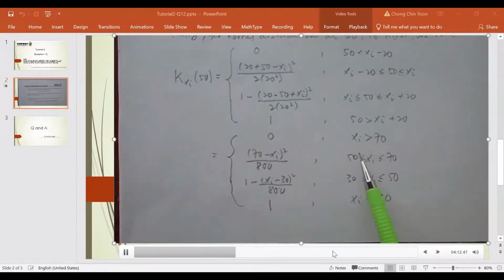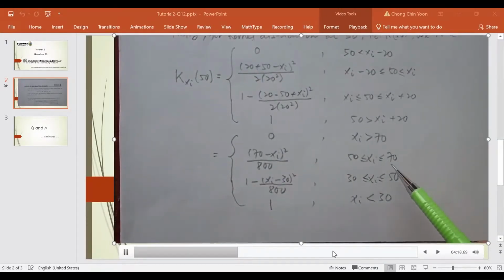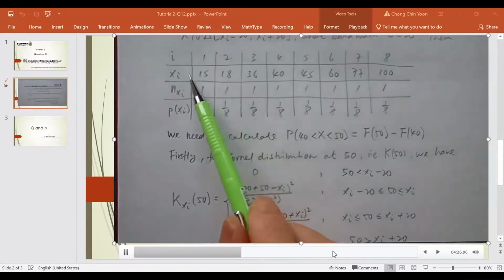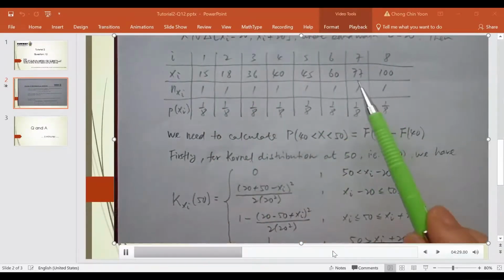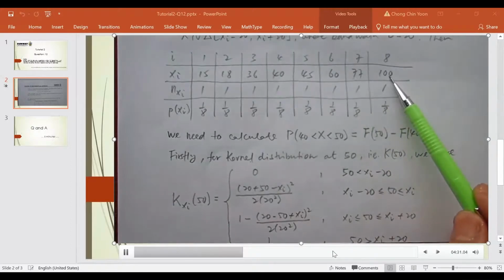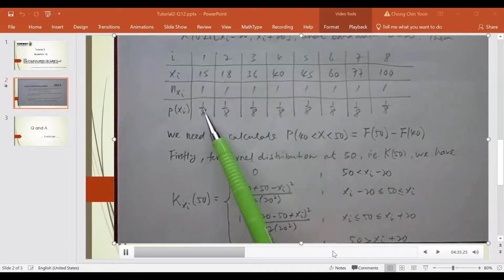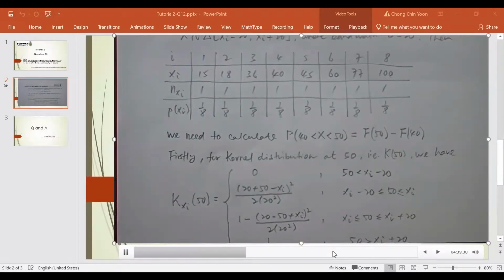So based on this result, except for the 0, whatever x value is less than 70 will be considered. That means all the data will be considered except 77 and 100. So based on the probability of 1 over 8, we can solve the problem.